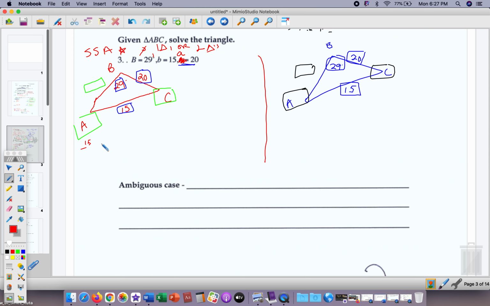So little b over sine of 29 degrees is equal to, now the only other thing I have is little a, so I'm going to do little a is 20 over sine of angle A. So if I cross multiply, I would get 20 times sine of 29 is equal to 15 times the sine of A, angle A. We divide both sides by 15.